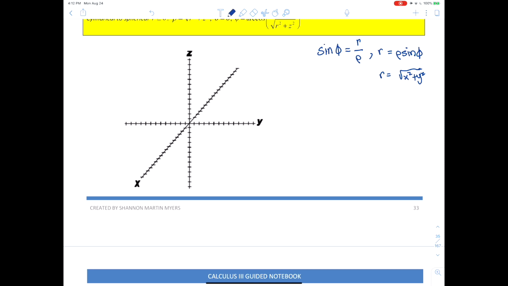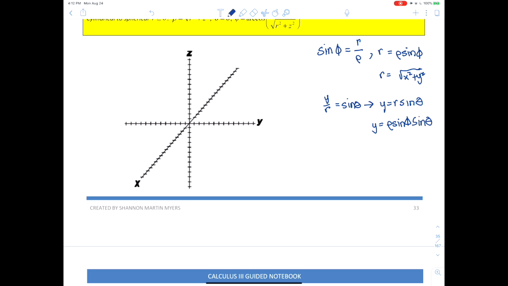Cool so far? Now, y over r equal to sine theta, and so that remember gives us that y equals r sine theta. But what is r in these? Good. y is rho sine phi sine theta.